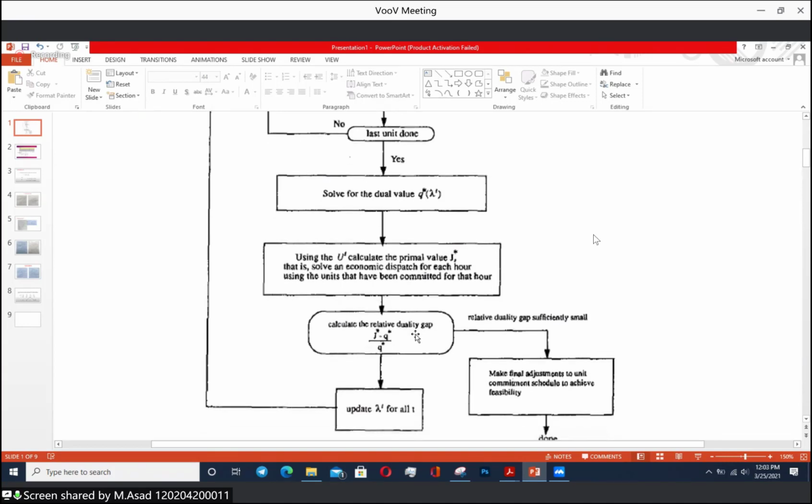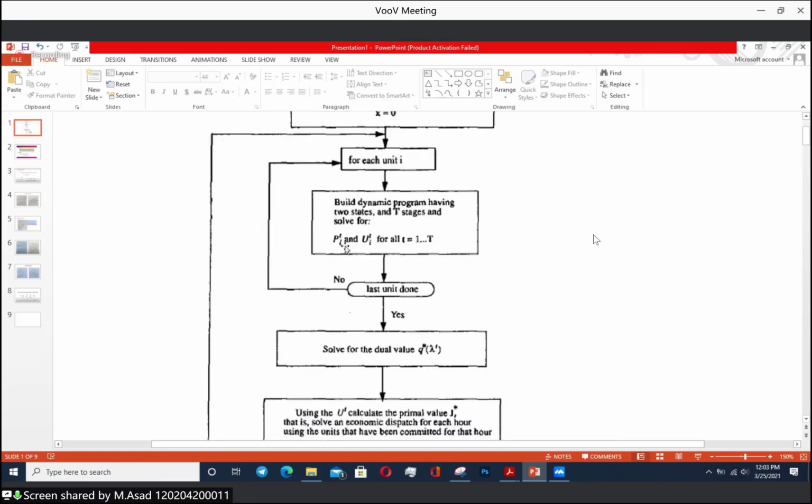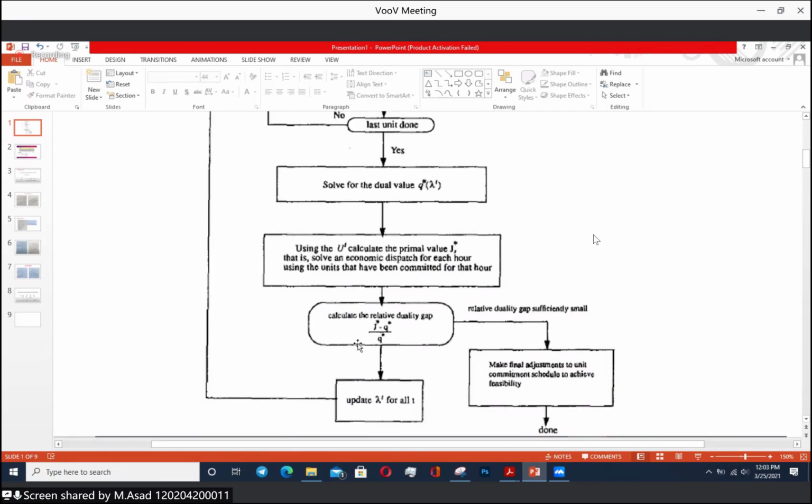Then we calculate the relative duality gap, which will show how close we are to our solution, to having the cheapest output. If the gap is minimal, something around 0.05, then we can move toward the final solution. If the gap is high, then we need to go back and do the calculations again, and update our lambda values again, so we can have the optimum values for our duality gap.